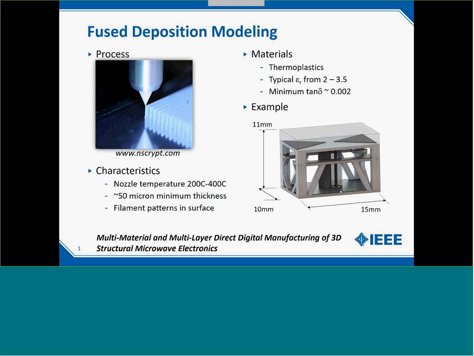And the key things for RF and microwave applications is the minimum layer thickness and also the precision of the stages that are used to locate the material very precisely. So on the high-end FDM systems, it's typical to have micron resolution and minimum layer thicknesses on the order of 50 microns to 30 microns or so.